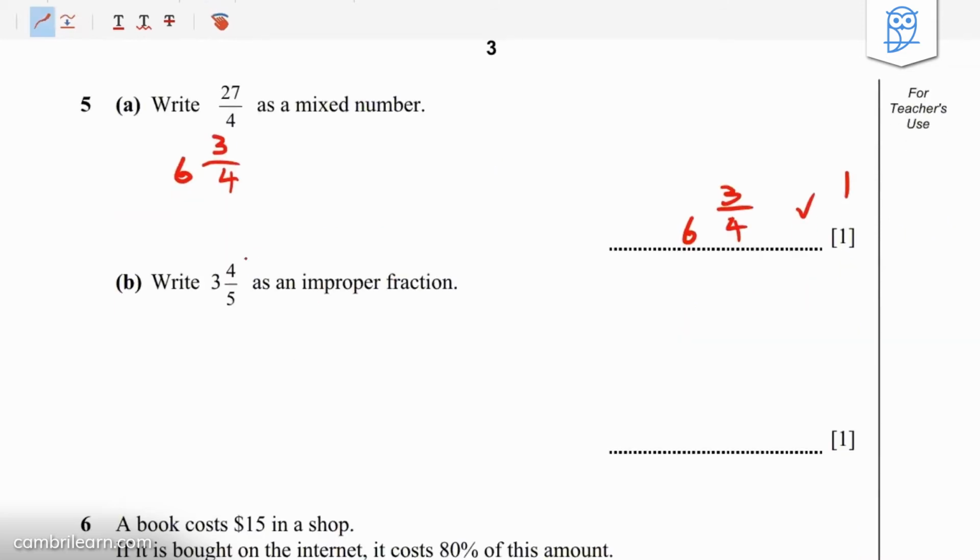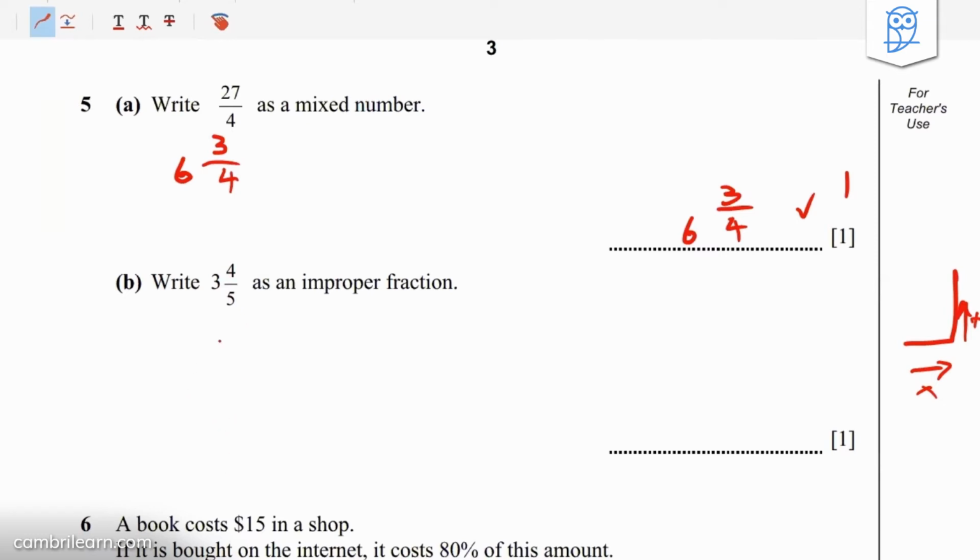So now we have a mixed number. Now we have to write 3 4/5 as an improper fraction. So how do we do that? Now we have to think back to the inverse L method. How does the inverse L method work? Remember, we multiply in this direction, and then we add in this direction. So this one, we're going to say 3 times 5 plus 4 over 5.